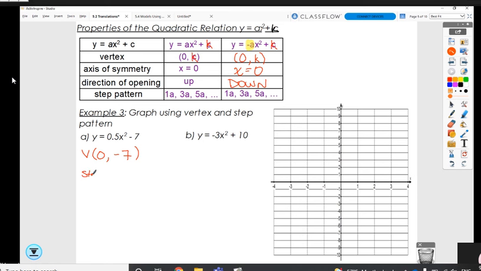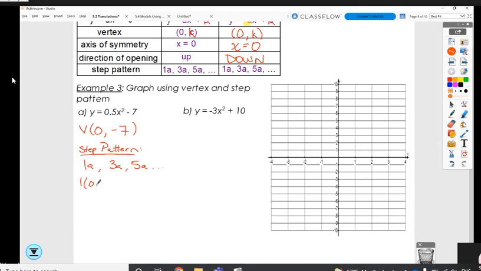The step pattern is 1a, 3a, 5a, and it does go on, but I think 1, 3, and 5 is enough. We're going to multiply each of these by 0.5, subbing in the a value of 0.5. So the new step pattern is 0.5, 1.5, 2.5.